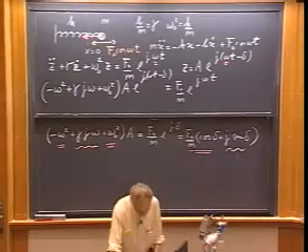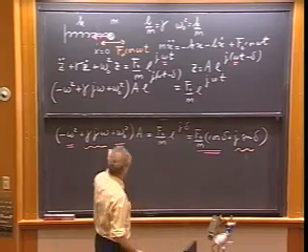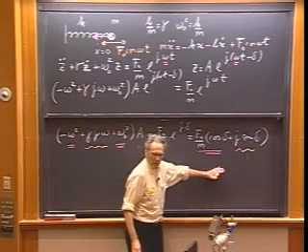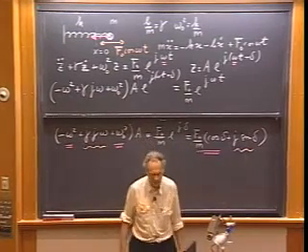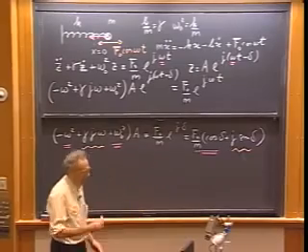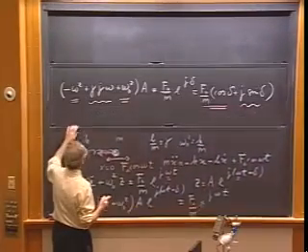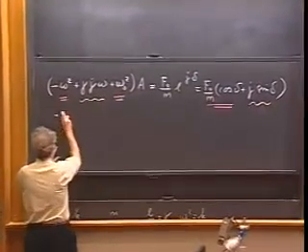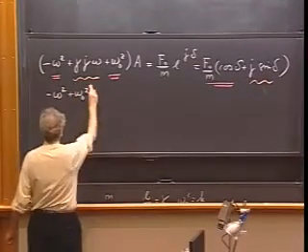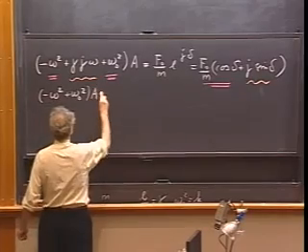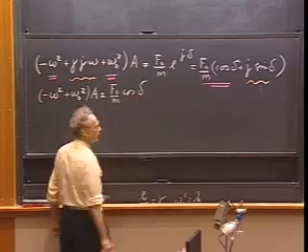And so for this equation to always hold at all moments in time, the apples on this side must be equal to the apples on that side, and the oranges on this side must be equal to the oranges on that side. So it looks like one equation, but it really is two equations. So we now get that minus omega squared plus omega 0 squared times A must be equal to f0 divided by m times the cosine of delta.